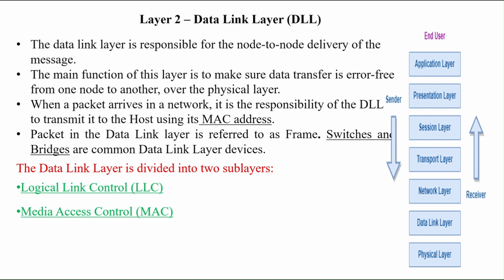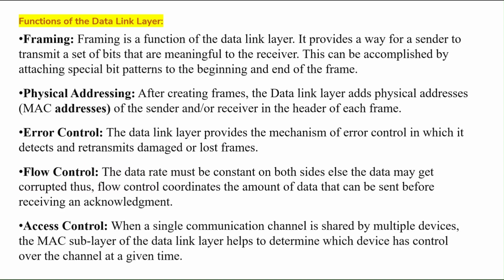Going to the functions of the data link layer, it has more functions: framing, physical addressing, error control, access control. Mainly you can remember these three: error control, flow control, access control.